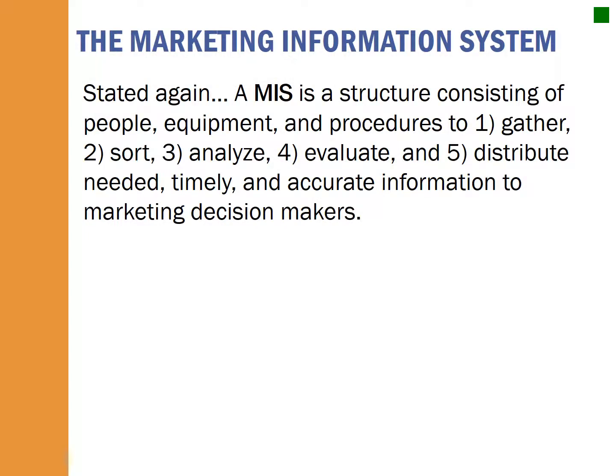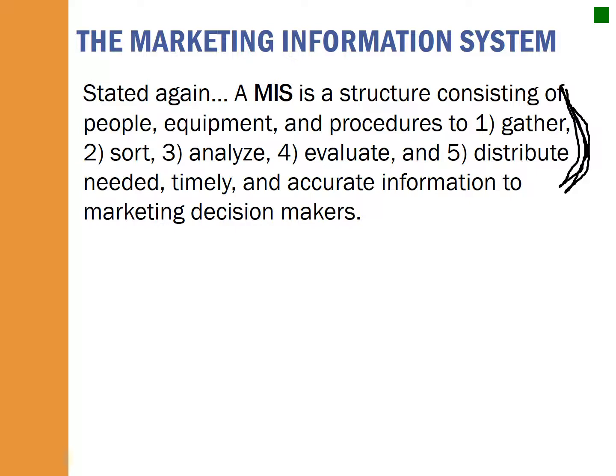Okay, so what is a marketing information system, an MIS? Stated again, what the process here is for the MIS to do 5 specific things. Remember that it is a combination of people who are working it, equipment or software, and then processes or procedures. So remember, there are 3 things that make MISs work, and they do 5 outputs for us.